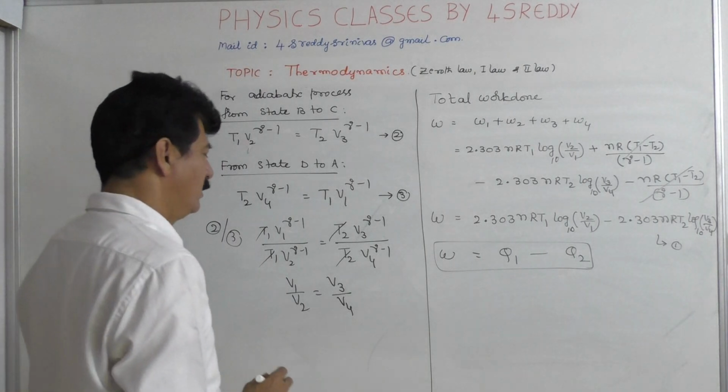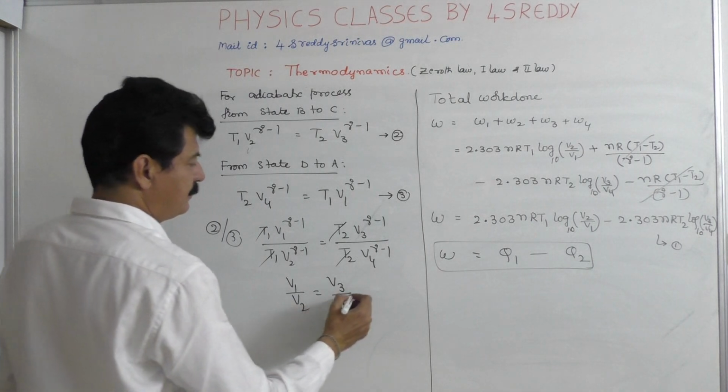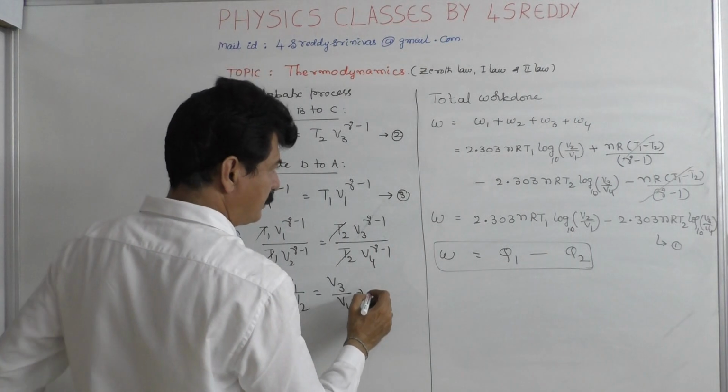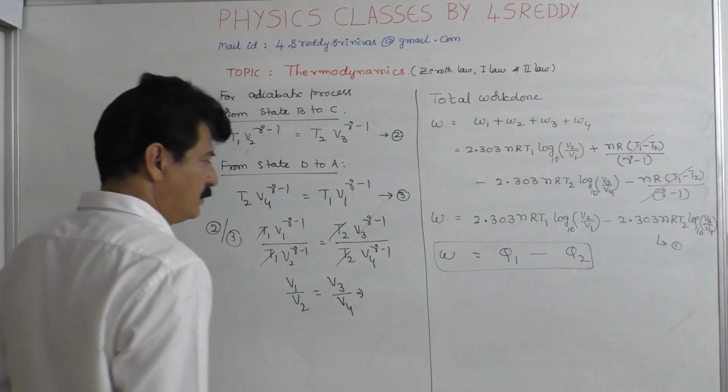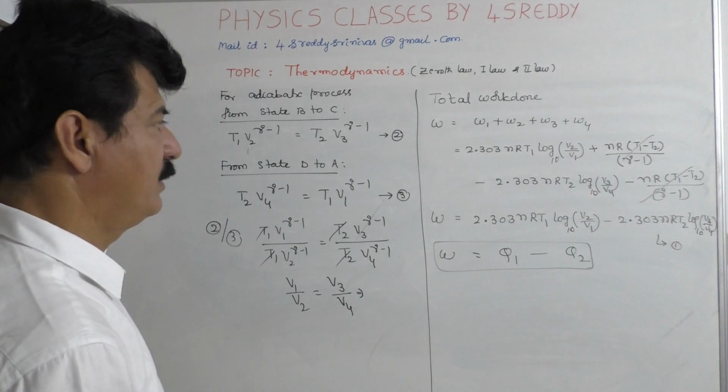Therefore, here V2 by V1 can be written as V3 by V4.